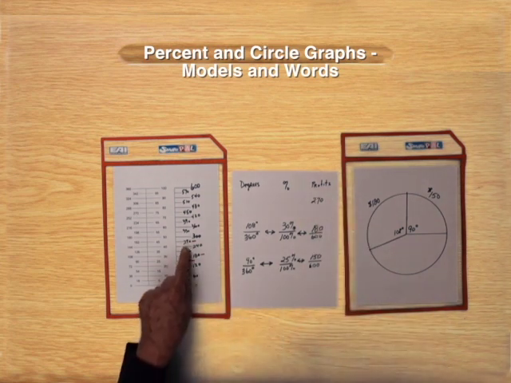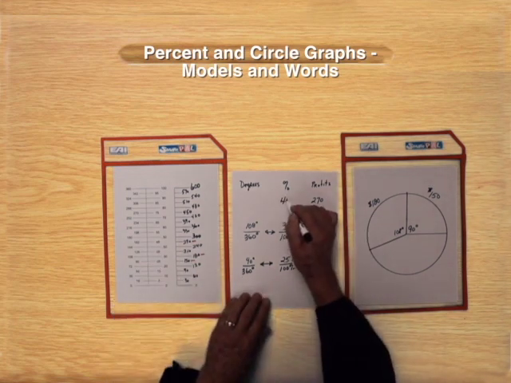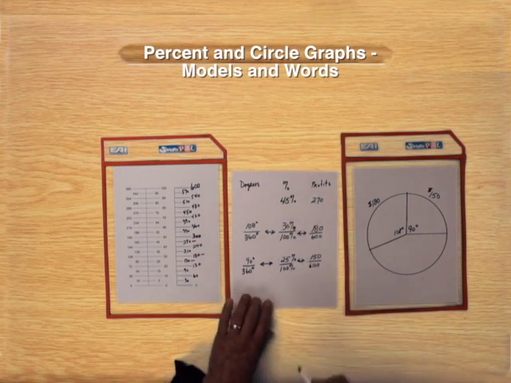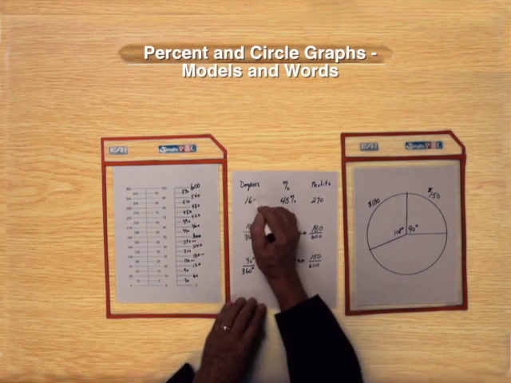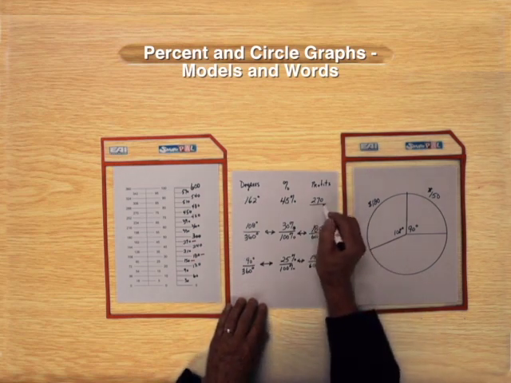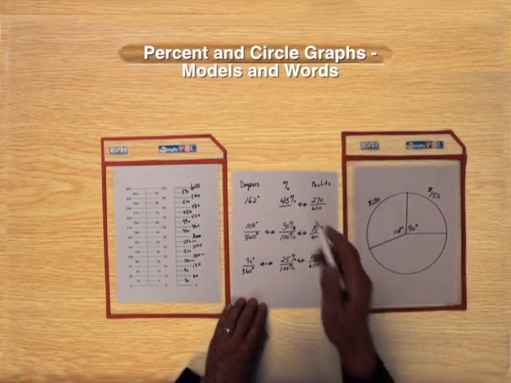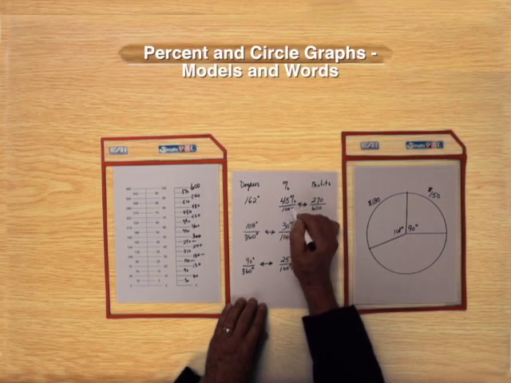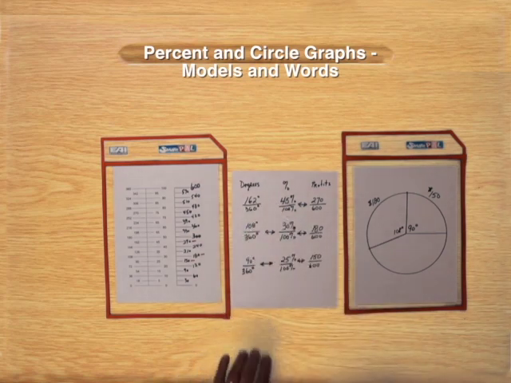If you look at 270, that is opposite the 45%, which is in the same relative position as 162 degrees. So 270 is in the same relative position to 600 as 45% is to 100%, as 162 degrees is to 360 degrees.